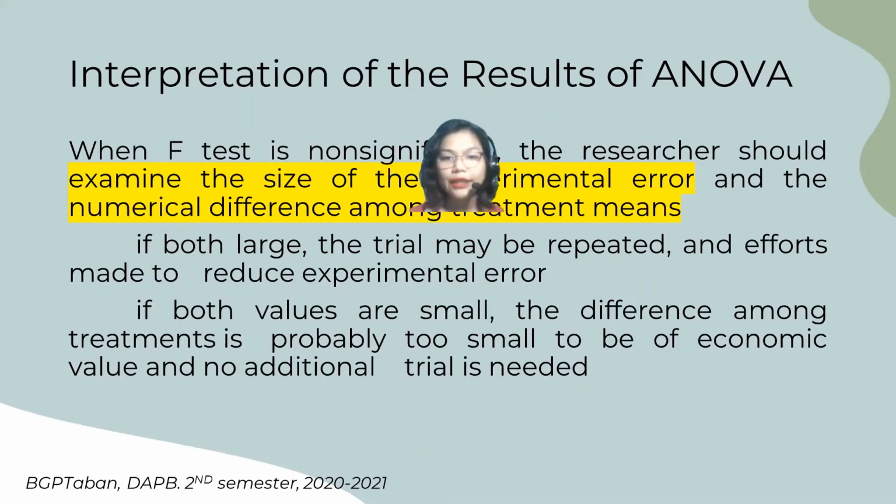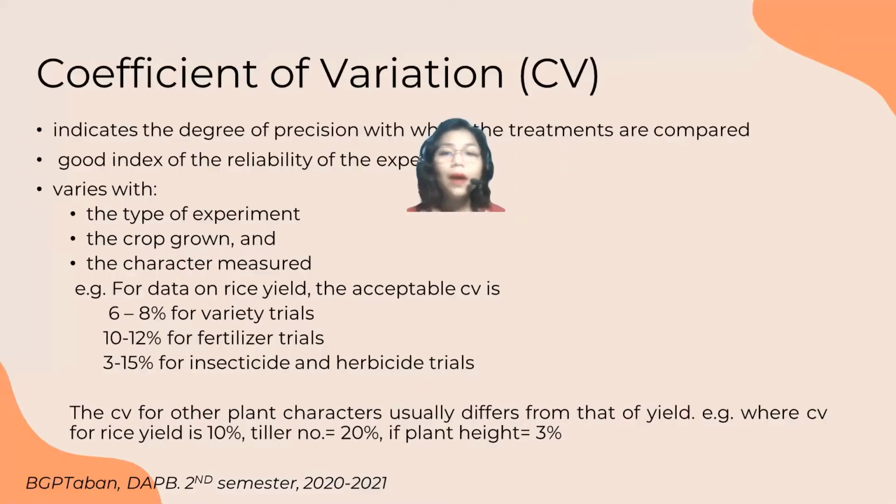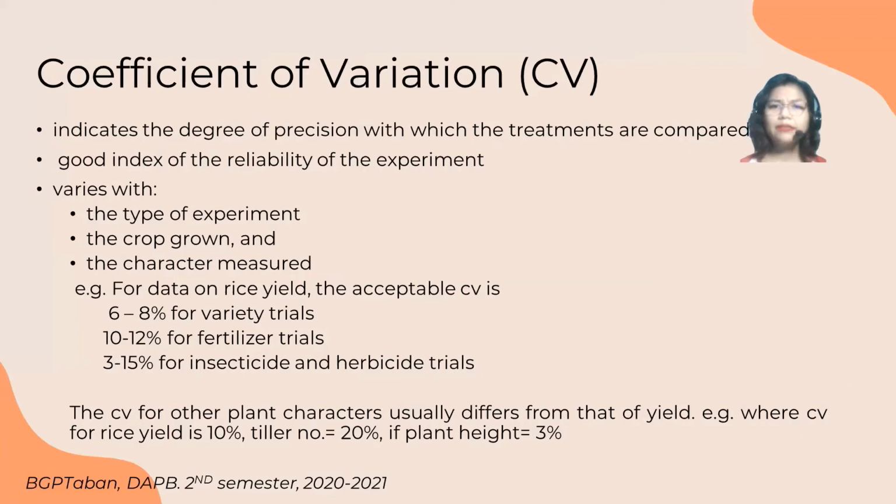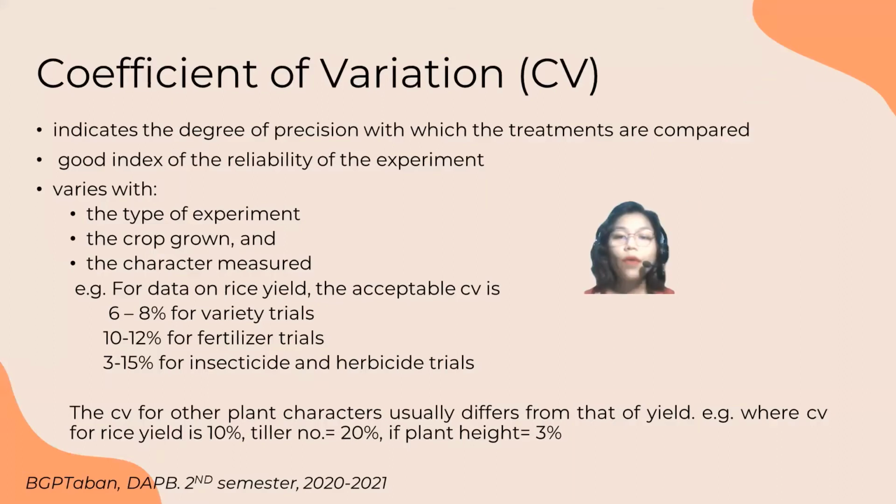This case here. So how about the CV? Unsa man pwedeng CV class? You kept on encountering the term coefficient of variation. So the coefficient of variation would indicate the degree of precision with which the treatments are compared.